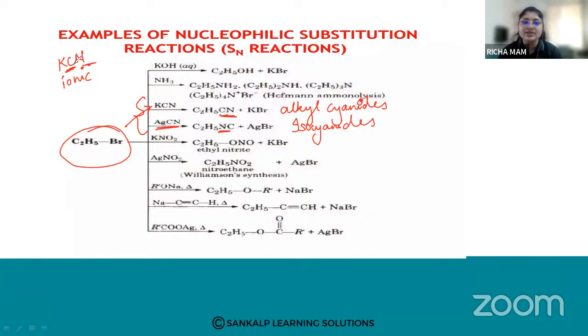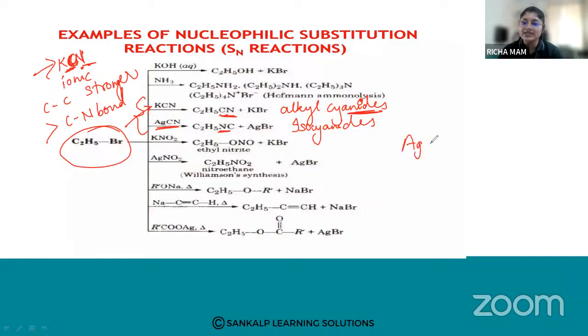Since the C-C bond is stronger than the C-N bond, carbon will get attached to the alkyl group, and it will form alkyl cyanide as the main product.